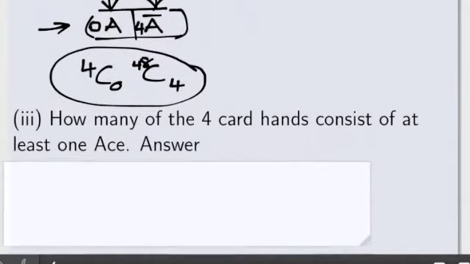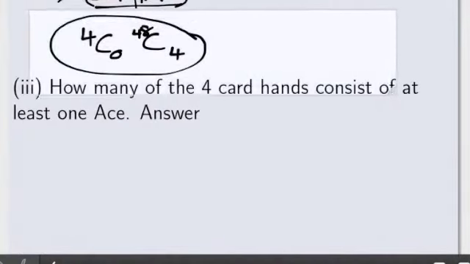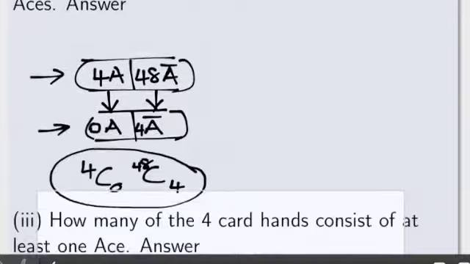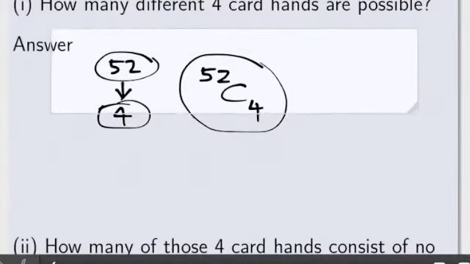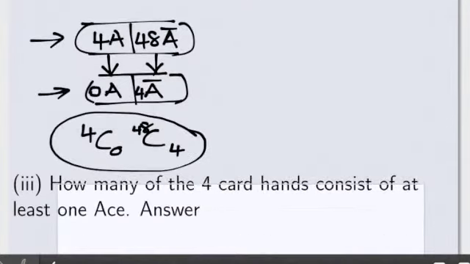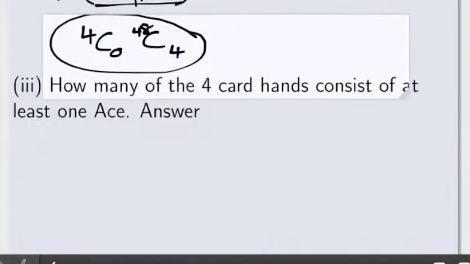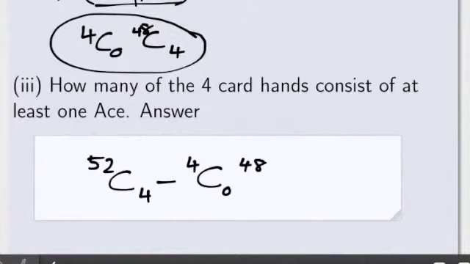Now how many of those 4-card hands consist of at least 1 ace? The number of combinations will be the difference between the answer to part 1 and the answer to part 2. So the answer to part 3 is 52C4 minus 4C0, 48C4.